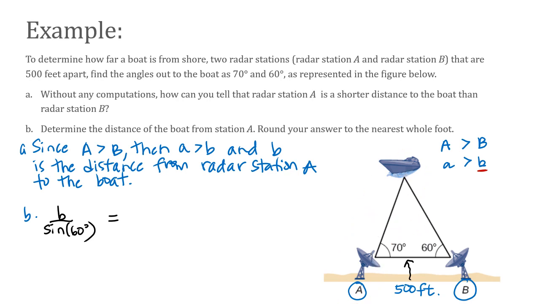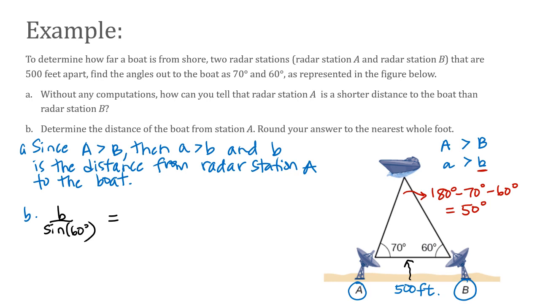Okay, so if I know 70 degrees and I know 60 degrees, then that tells me that this angle right here must be 180 degrees minus the 70 degrees minus the 60 degrees, which is what? 50 degrees? Does that sound right? 6, 12, 130, 50 degrees? Okay, so that's a 50-degree angle.